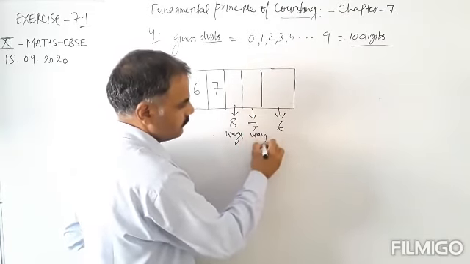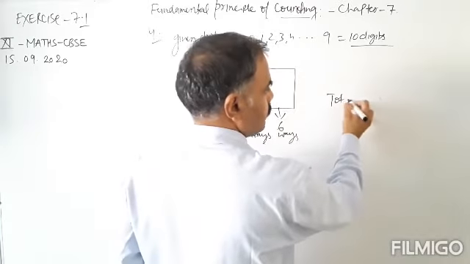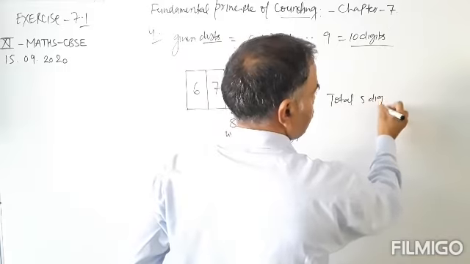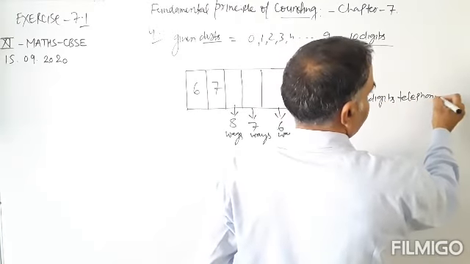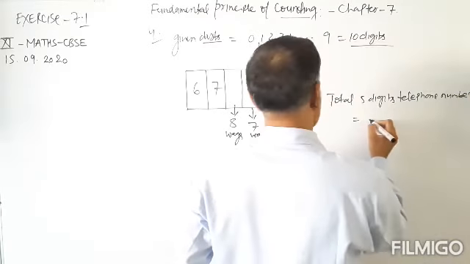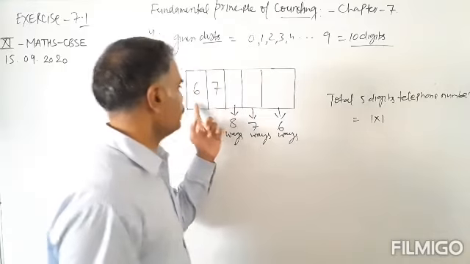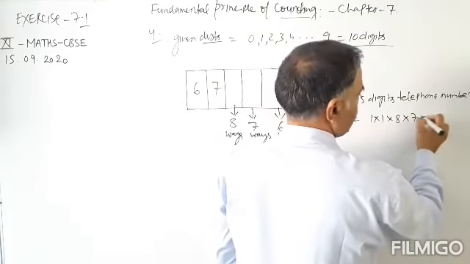So total 5 digit telephone numbers equals 1 into 1, that is 1 and 1 into 8 into 7 into 6.